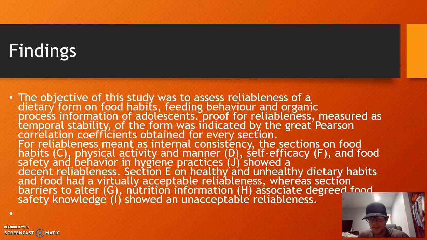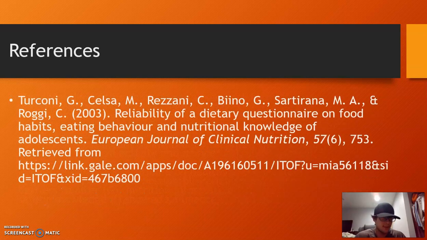Section E on healthy and unhealthy dietary habits and food had a virtually acceptable reliability, whereas section barriers to change, G, nutrition knowledge, H, and food safety knowledge, I, showed an unacceptable reliability.